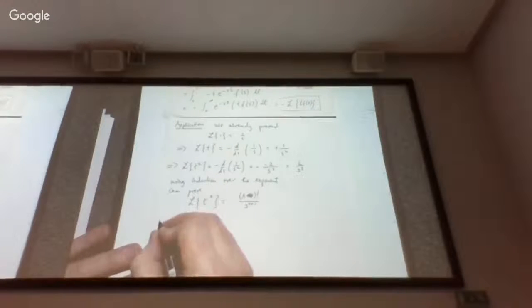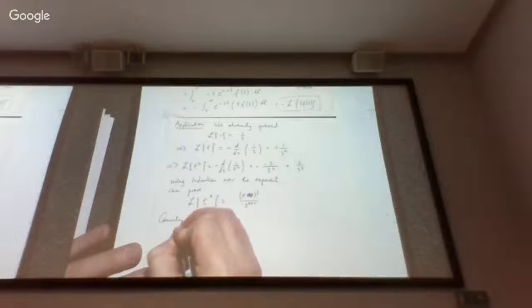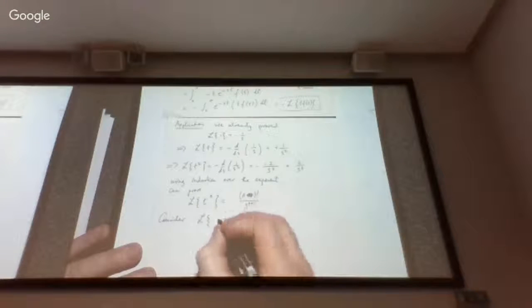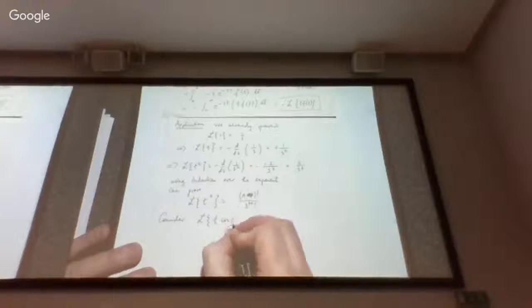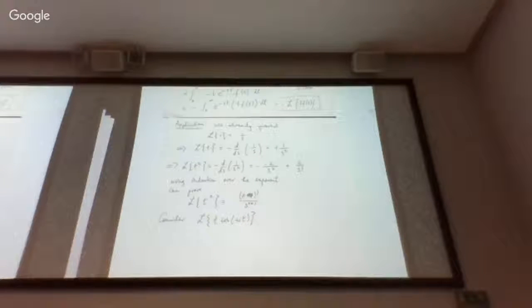Another example is to consider the Laplace transform of t times cosine of omega t. That's an entry on the table, halfway down, t times the cosine of omega t.